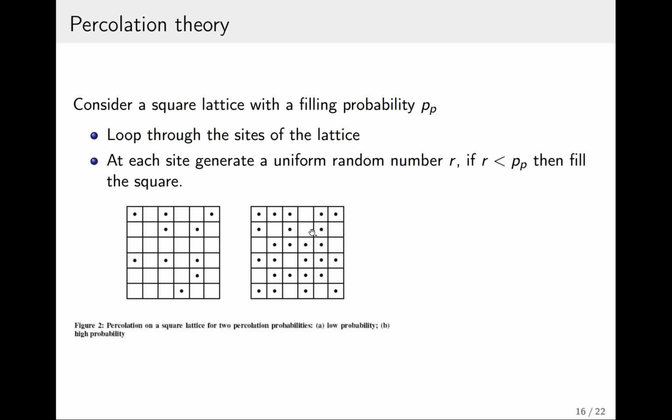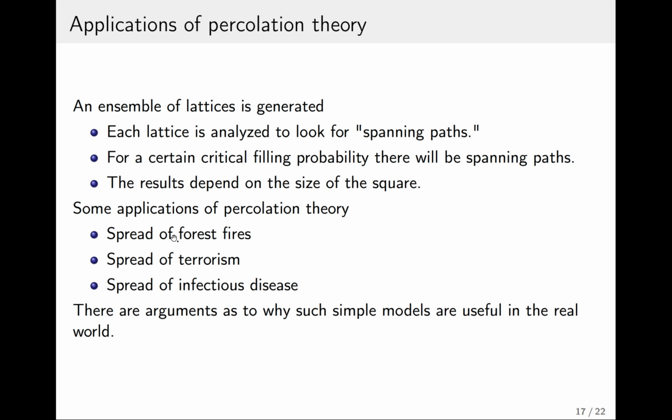So that's the application of these spanning paths. But for low probabilities, there's no way to connect both sides of the grid. And obviously, it's also a way of modeling infectious diseases.